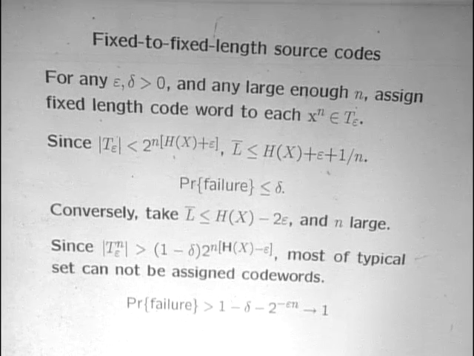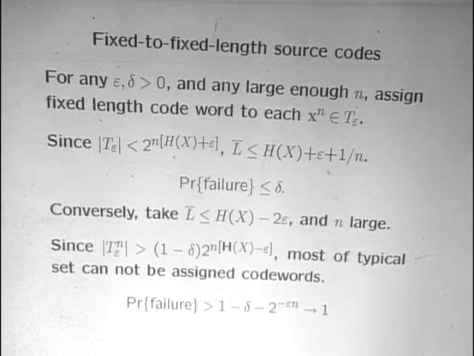Then I'm going to assign fixed-length code words to each sequence in the typical set. Now, am I going to really build something which does this? Of course not. I'm talking about truly humongous lengths. So this is really a conceptual tool to understand what's going on. It's not something we're going to implement.